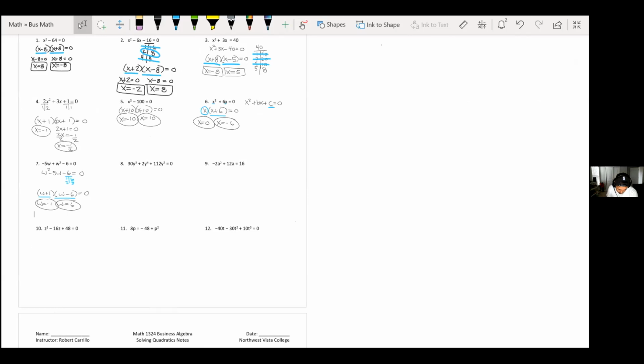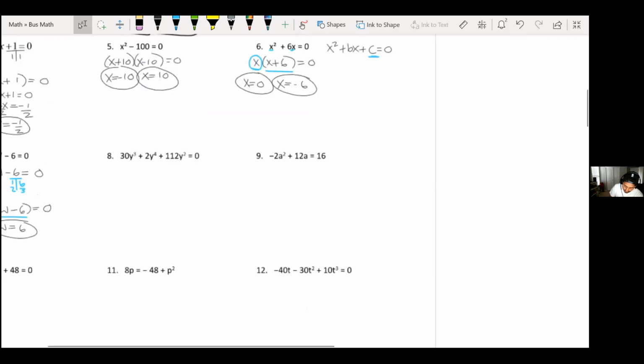I think I'm taking too much time on these, but 10 looks doable for you guys. 11 is just like number 7, rearrange, and 9 is just like number 3. You have to rearrange as well. So I definitely recommend you try those out. I don't want this recording to be forever. So I'll do number 8, 12, and then we'll move on.